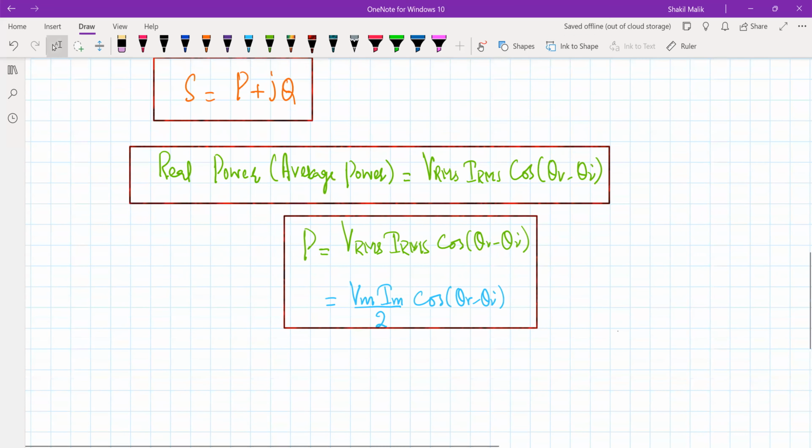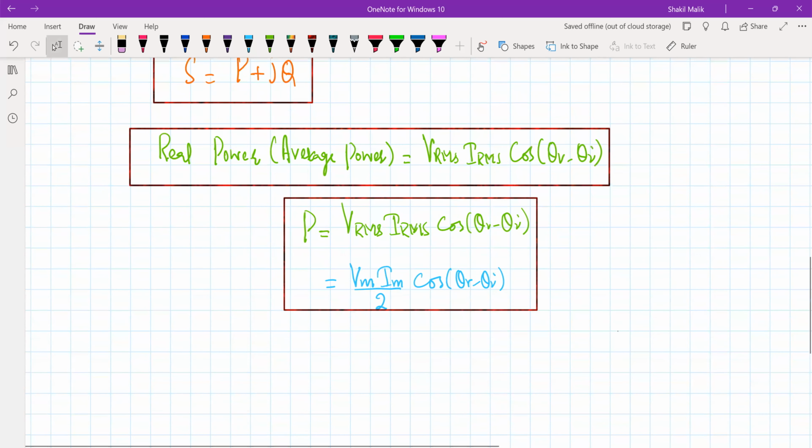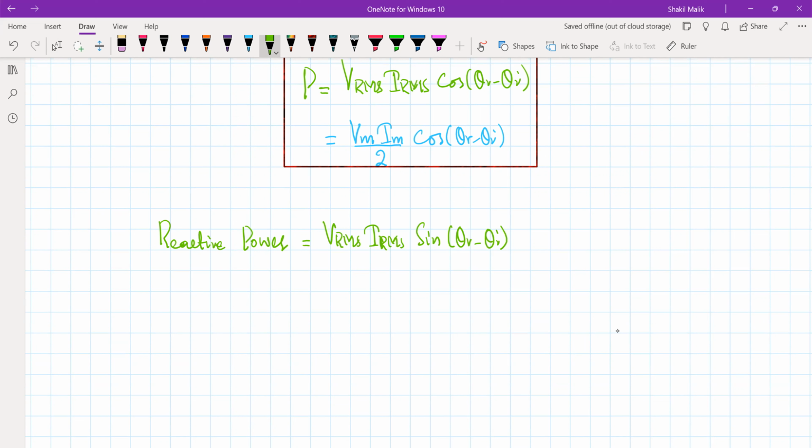Now, what is Q? Q is simply called the reactive power, or the stored power, and it is given by VRMS IRMS sine of theta v minus theta i.